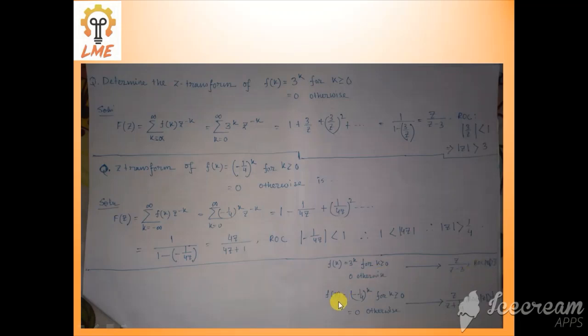And if f(k) is equal to minus 1 by 4 to the power k for k greater than or equal to 0 and 0 otherwise, then the z transform is z by z plus 1 by 4, and it will only exist when mod z is greater than 1 by 4.